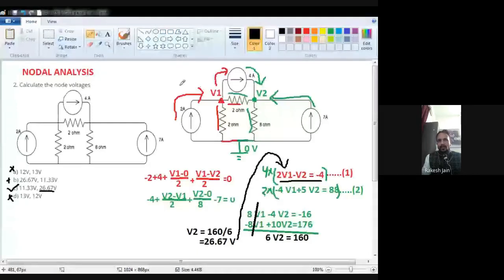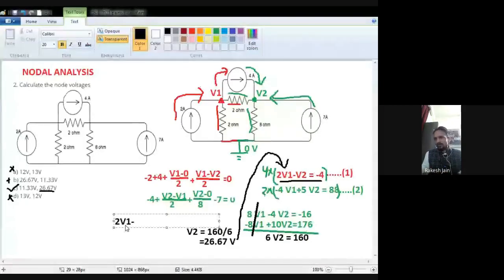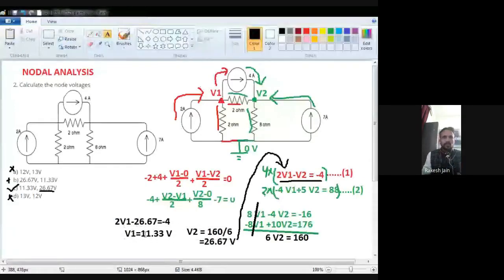In the case of option B, 26.67 voltage is the node voltage of the first node, but here we found this as V2, that is of the second node. It means this answer is also incorrect. Now what is my answer? Definitely my answer will be C, because 26.67 is the next node voltage, it means the second node voltage.